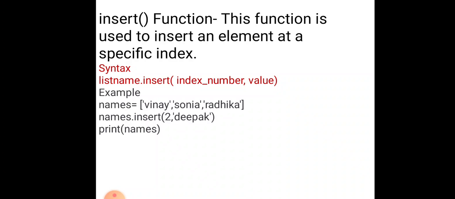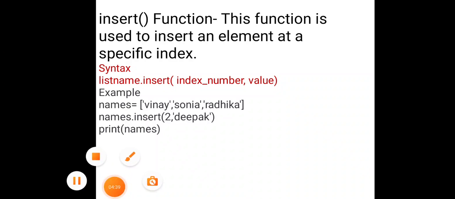Here 2 is the index where we want to insert, and Deepak is the value which we want to insert. So we are inserting Deepak at index value 2, meaning 0, 1, 2. Deepak will be inserted before Radhika, meaning after Sonia we are inserting Deepak. Now print names, and when we run this program it gives us the output.